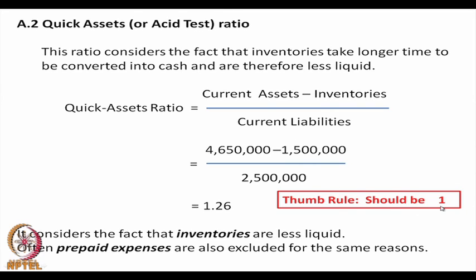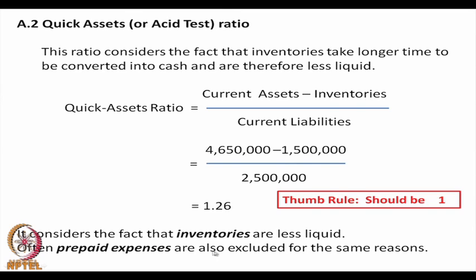If it is 1, then the company is in a very good condition to meet its short term obligations or working capital needs. For this company, the value is 1.26. So, it is in a very comfortable position to meet its short term needs.